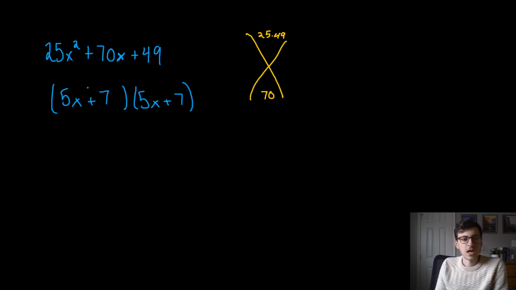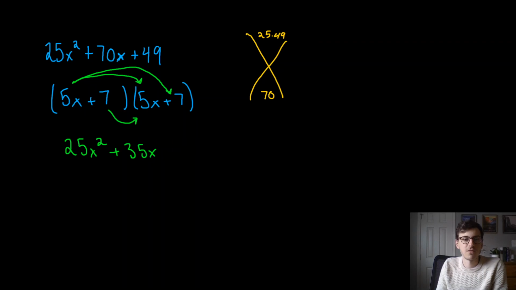And, well, that would be the factored form, but can I check? Yeah, I certainly can, right? 5x times 5x is 25x squared. 7 times 5x is 35x. 5x times 7 is 35x.